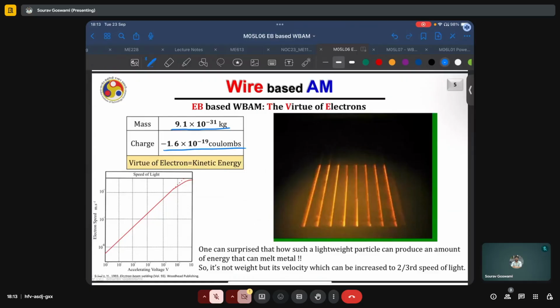So what is the property of electrons which allows us to leverage it in an AM technology? And that is its kinetic energy as shown here.